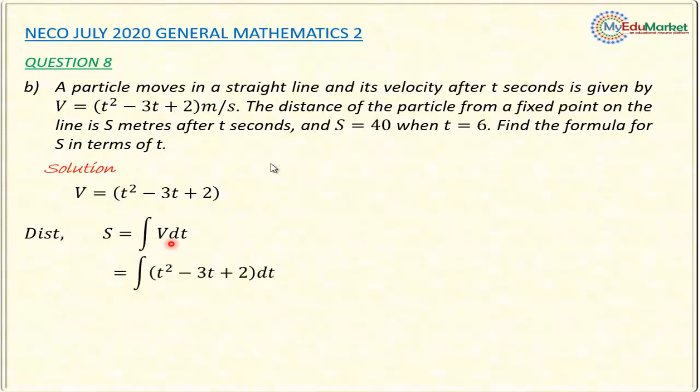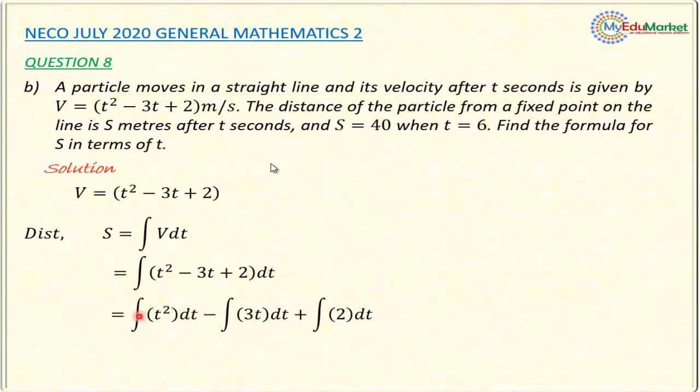I'm going to have the integral of t squared minus 3t plus 2 dt, with respect to t. Integrating term by term now, the integral of t squared minus the integral of 3t, then plus the integral of 2, all with respect to t.